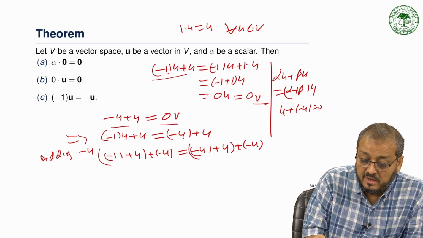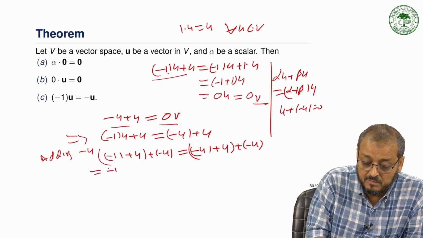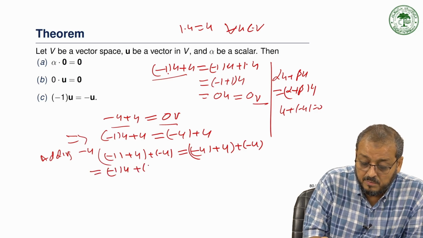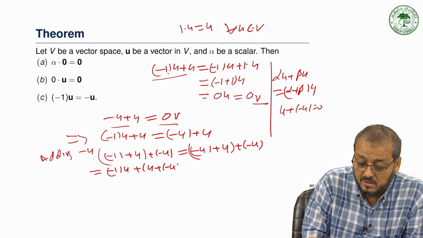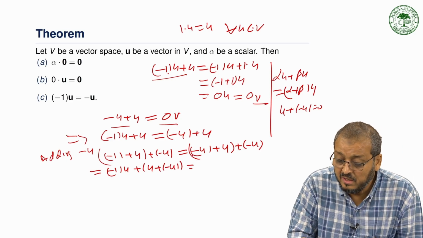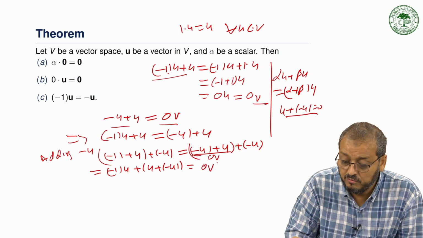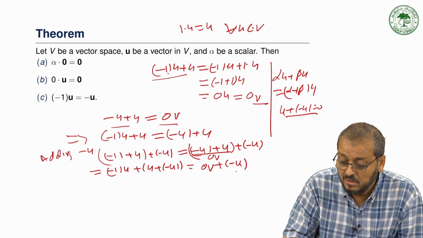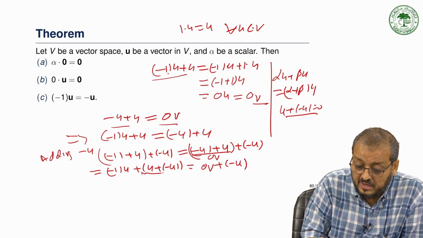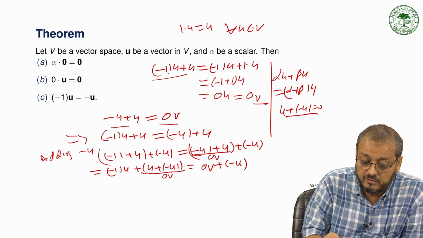Now use the associative condition. So we have minus 1 u plus minus u, which is 0 of V, so 0 of V plus minus u.